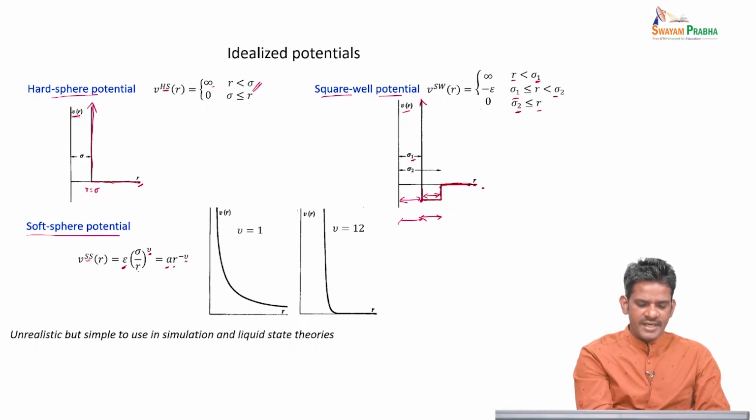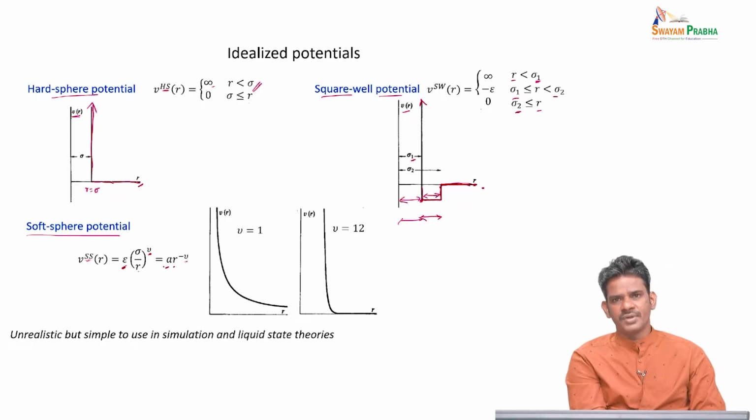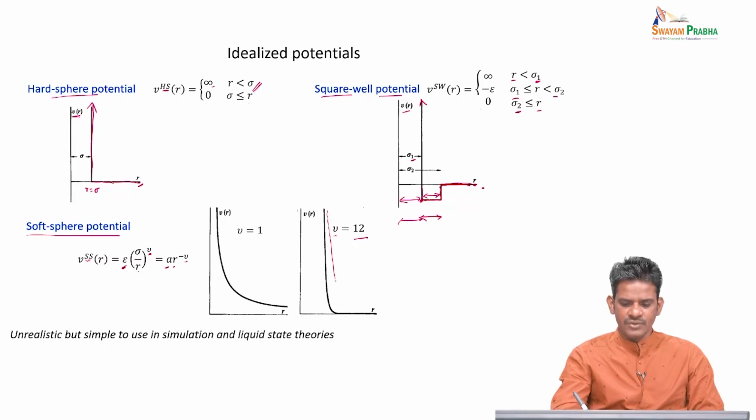This exponent nu dictates how steeply the potential varies with respect to r. Here two examples are given, when nu equals 1 and when nu equals 12. By comparing these two, you can see that the higher the value of nu, the steeper the potential. It goes very steeply compared to this one, which is softer.